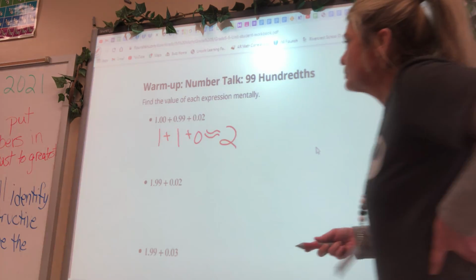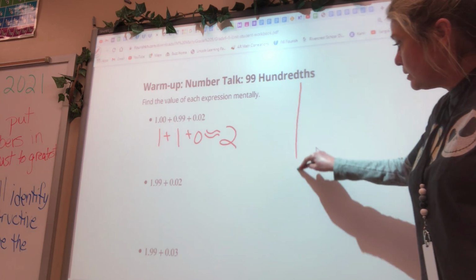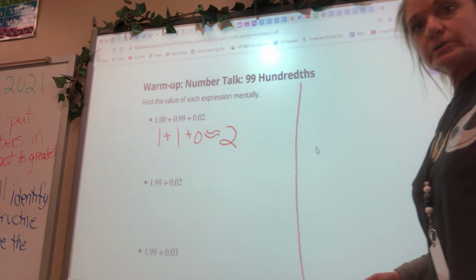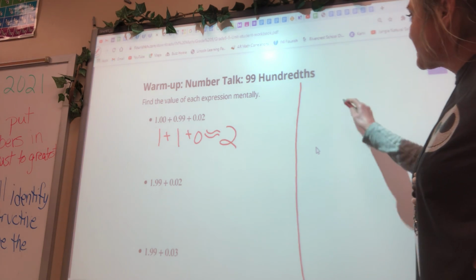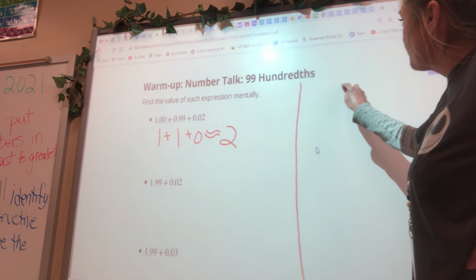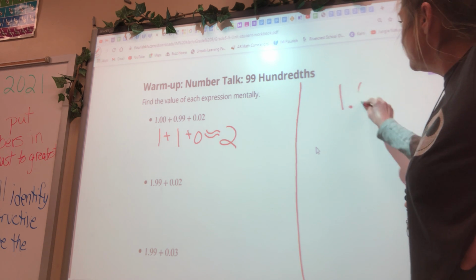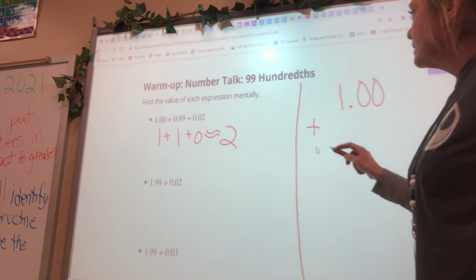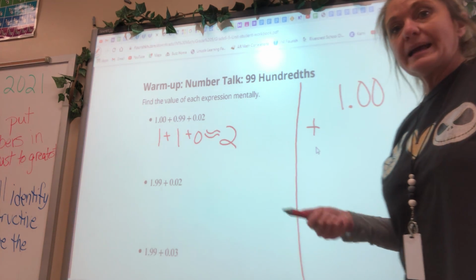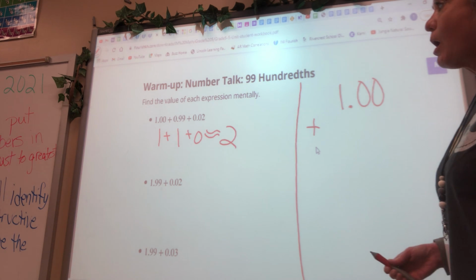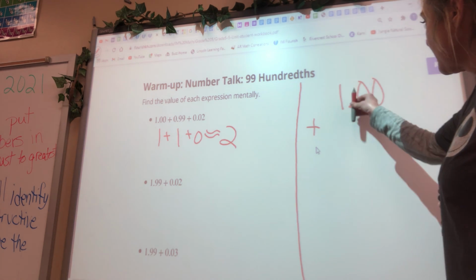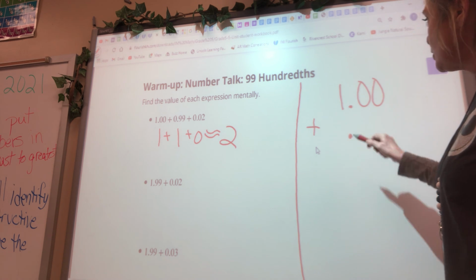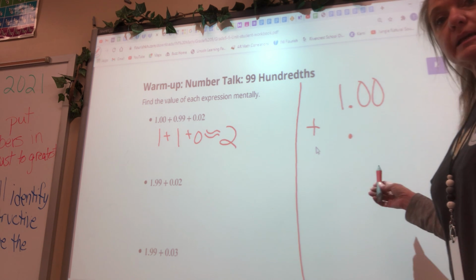Okay? Now, if we move over here and we use a rule, anytime we're adding decimal numbers, you go ahead and you stack your decimal numbers. So we would have 1, because that comes first in our list, and then we're adding. Now, here's the key part. When you're adding decimal numbers, you always line up that decimal point all the way down so that you have all of your place values in the same place.